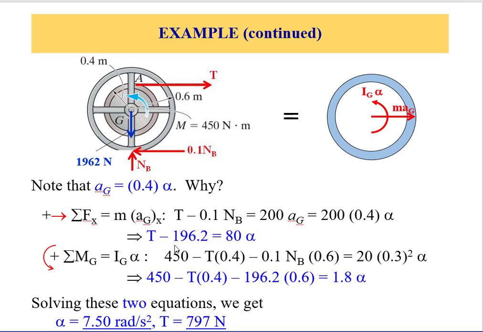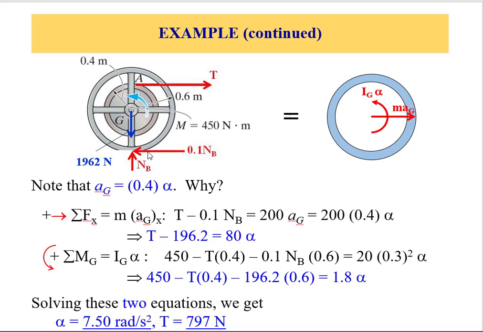Another equation is for the moment, using the moment about G. Counterclockwise is positive, so I_G alpha, where I_G is mass multiplied by the radius of gyration squared, 200 times 0.3 squared multiplied by alpha, equal to the moment of these forces.